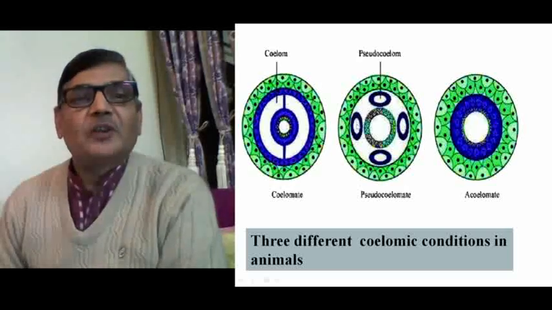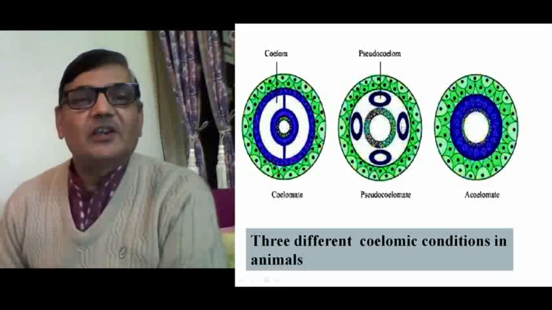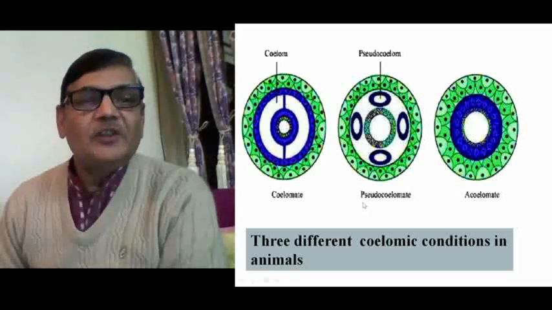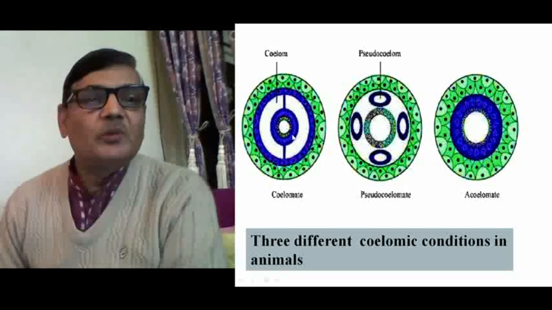It is not totally filled with mesoderm, nor does the mesoderm split at all. So if the blastocoel provides the internal space or cavity, then such a situation is referred to as pseudocoelomate, and this condition you will find in roundworms or animals of Aschelminthes.